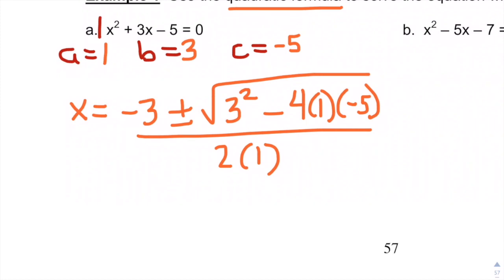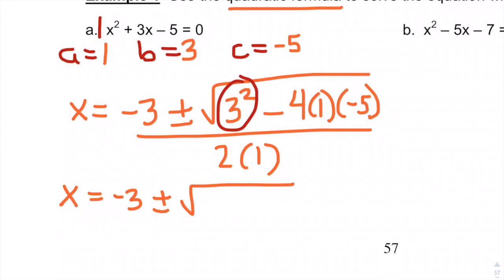All right, so thinking about following order of operations like we did above, the first step is to look underneath the square root, and we're going to do 2 steps here underneath that square root. We're going to take the 3 and square it. 3 squared is 9. And then we're going to multiply those back 3 numbers together.